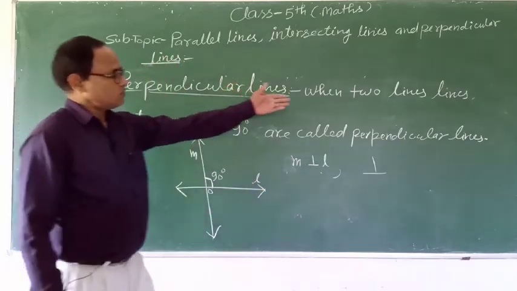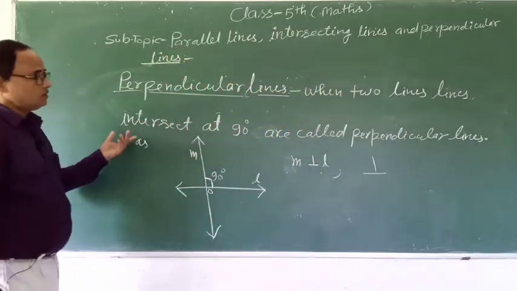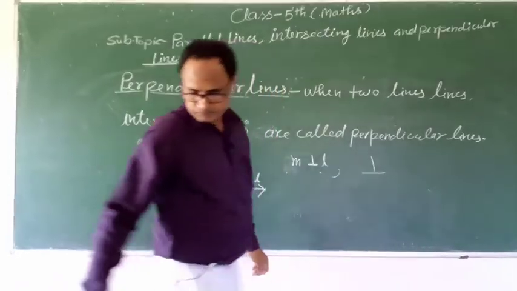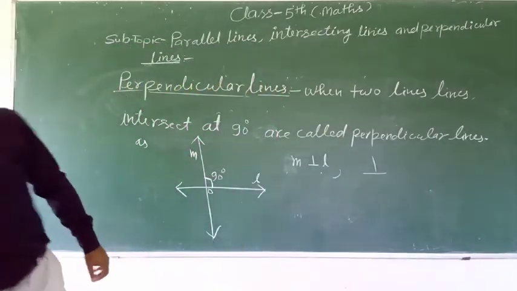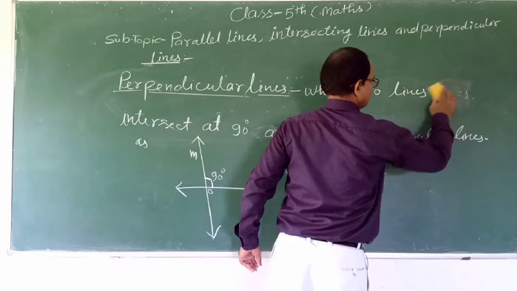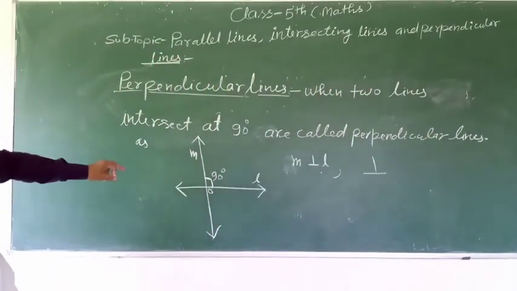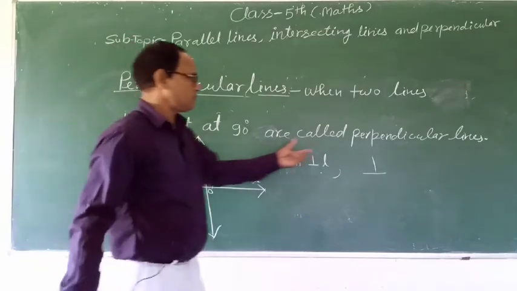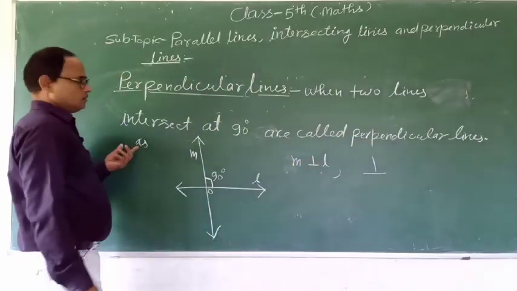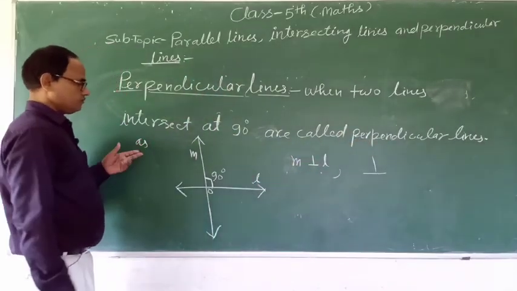So when two lines intersect at 90 degrees, they are called perpendicular lines to each other.